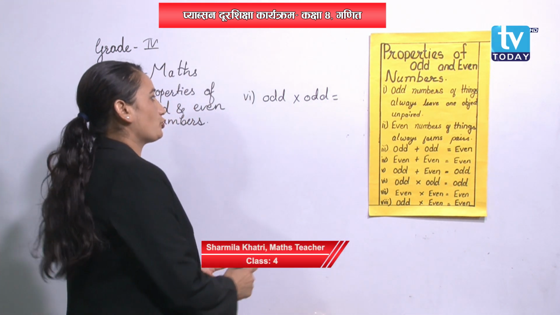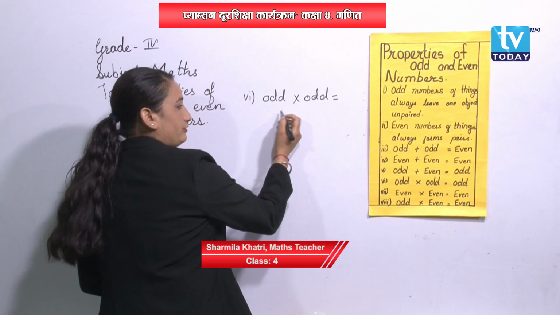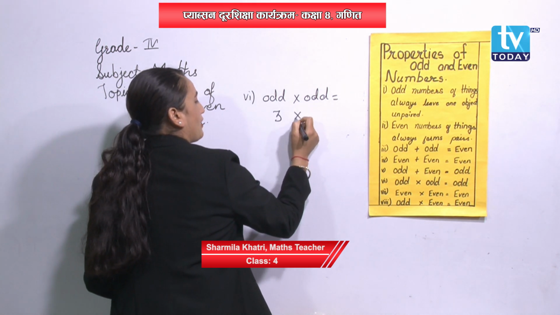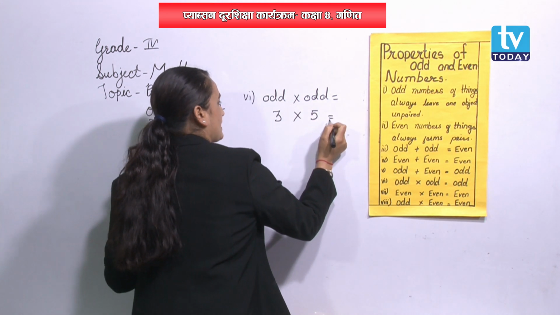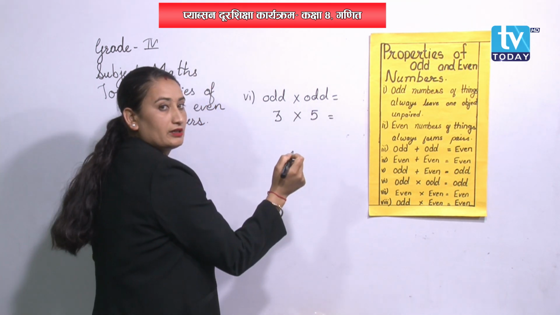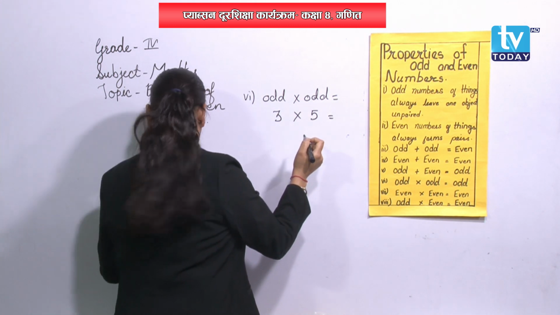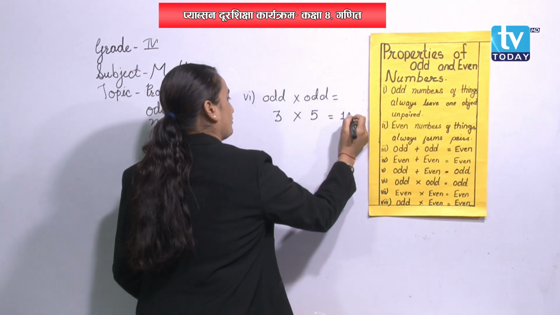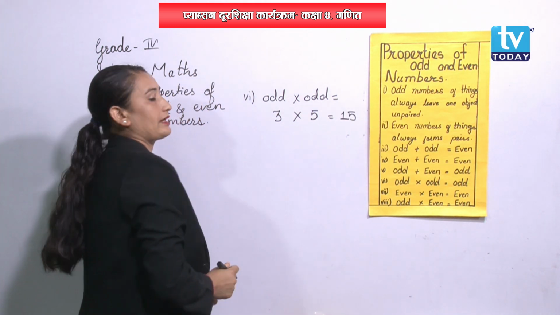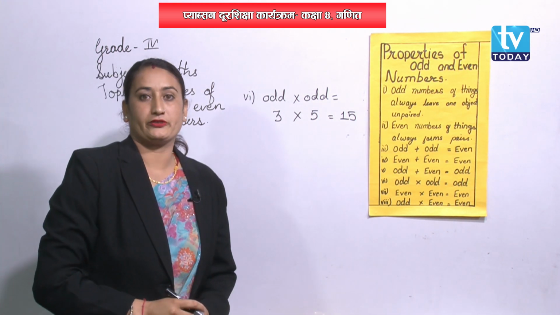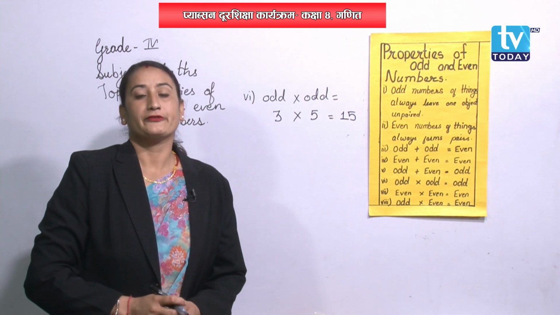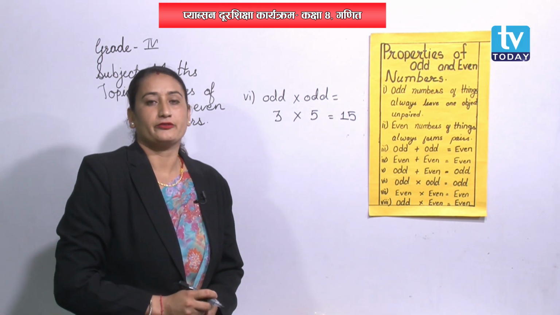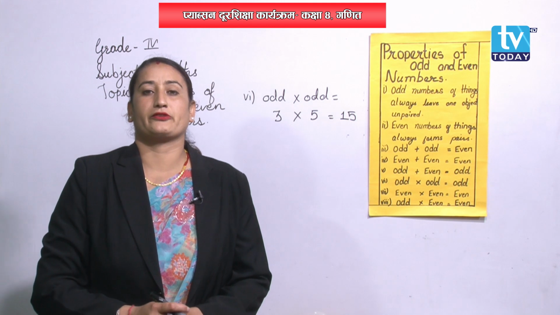Okay, let's do it. If I multiply 3 with 5, what will be the answer? 3 into 5, the answer will be 15, right? Now tell me student, is 15 an odd number or an even number?